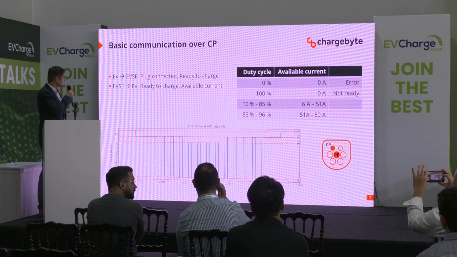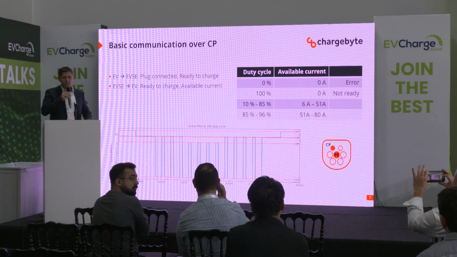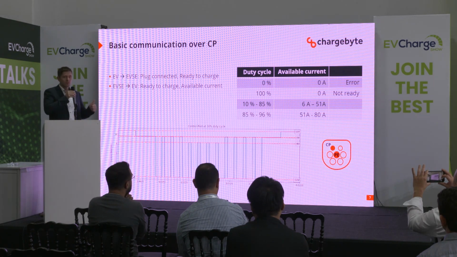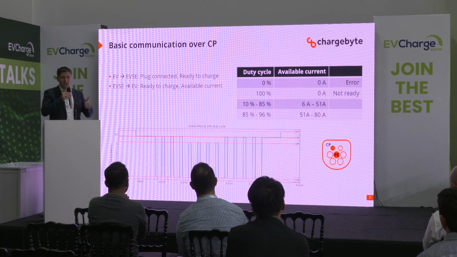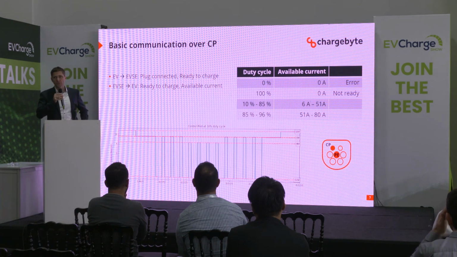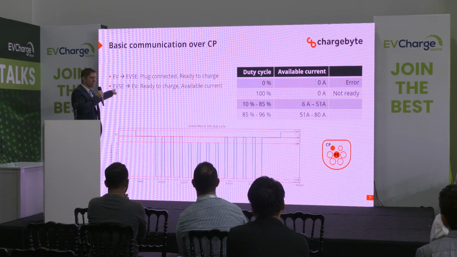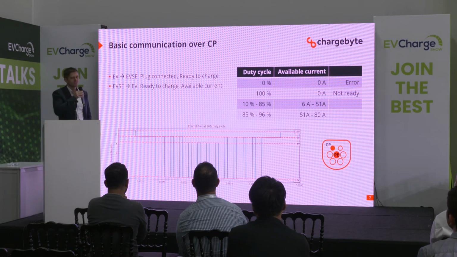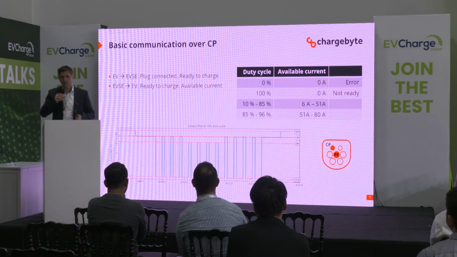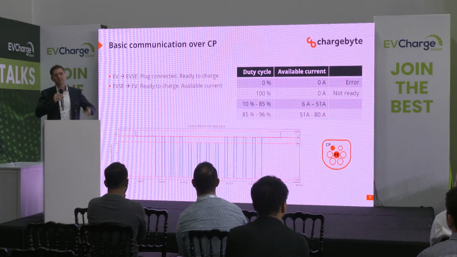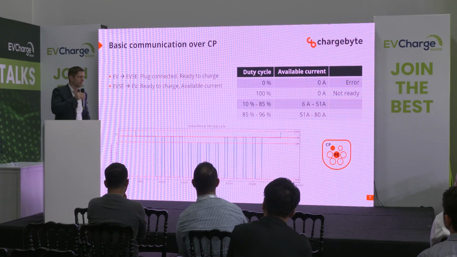The first is that the EV has to communicate to the EVSE: first, I'm connected, the plug is connected, and second, I'm now ready to charge. With these 2 pieces of information, you can charge. And vice versa, the charging station has to send to the vehicle, okay, I'm also ready to charge, and this is the amount of current you can draw from me.